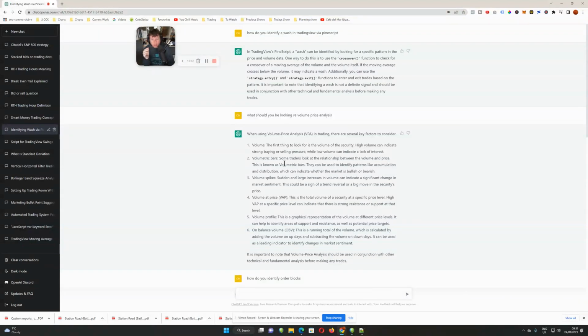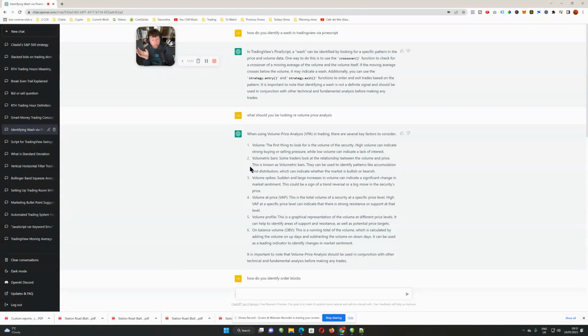Right, so volume. The first thing you need to look for is the volume of the security. High volume can indicate strong buying or selling pressure, while low volume can indicate a lack of interest. Volumetric bars: some traders look at the relationship between volume and price. This is known as volumetric bars.